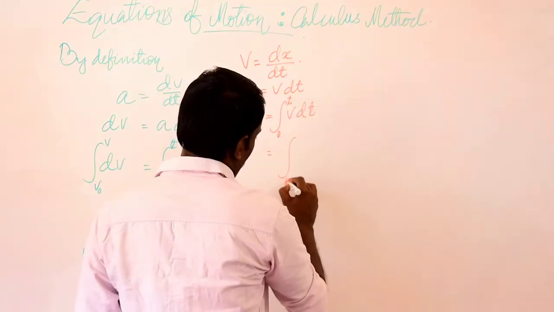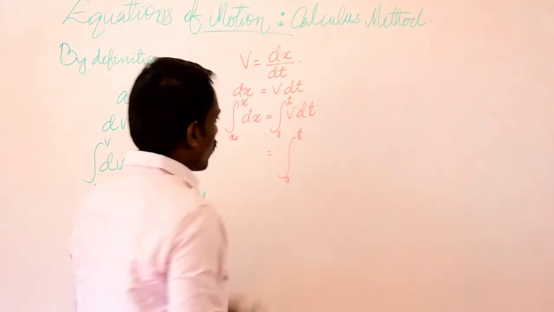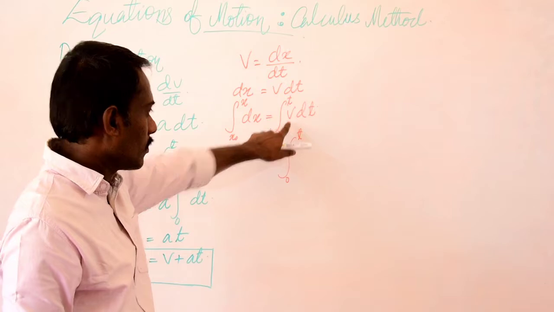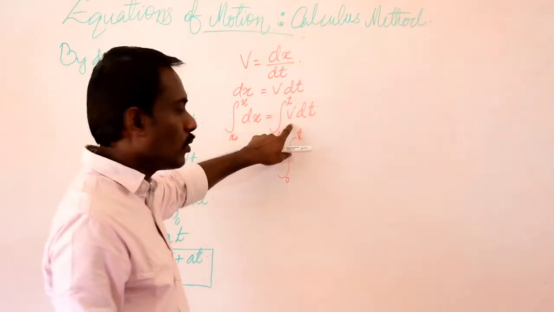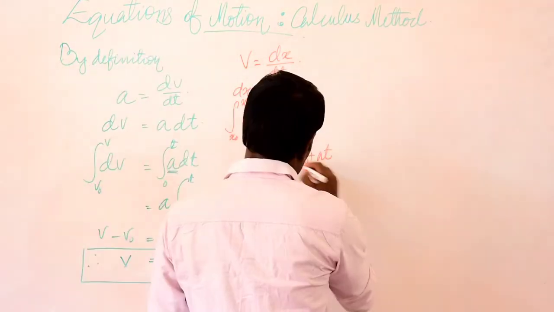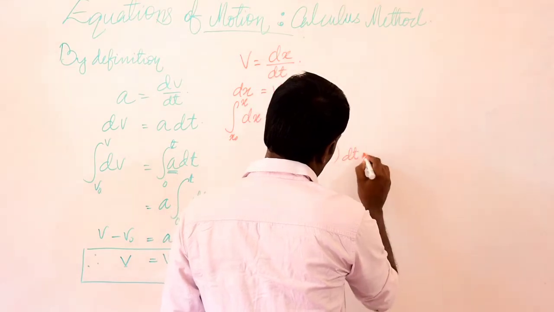Now we apply the value of v: here we have v = v0 + at, and we substitute this value into the equation.